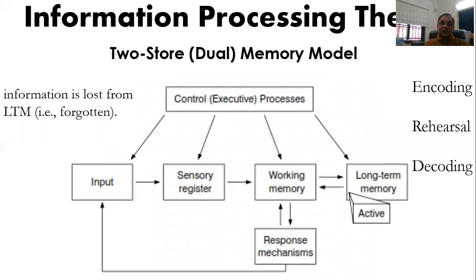Now, as you can see, this is another image to show you input, sensory registers, here in a brain, or constructs, memory constructs, you can call it. You can call it schema, you can call it files in terms of computer, and it is there in your working memory, right? You're working on a Word file, so that is similar to working memory.